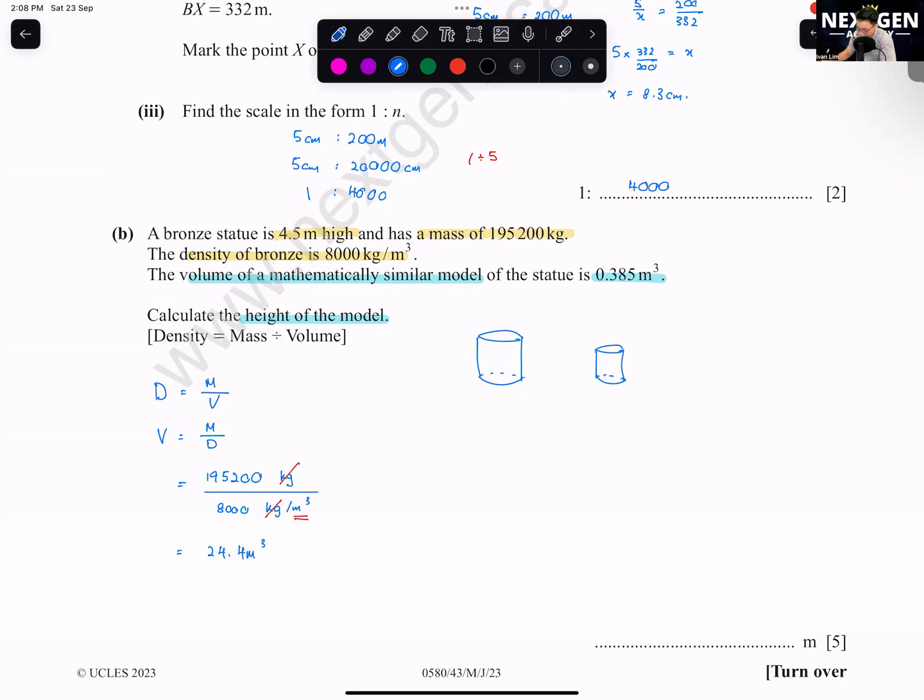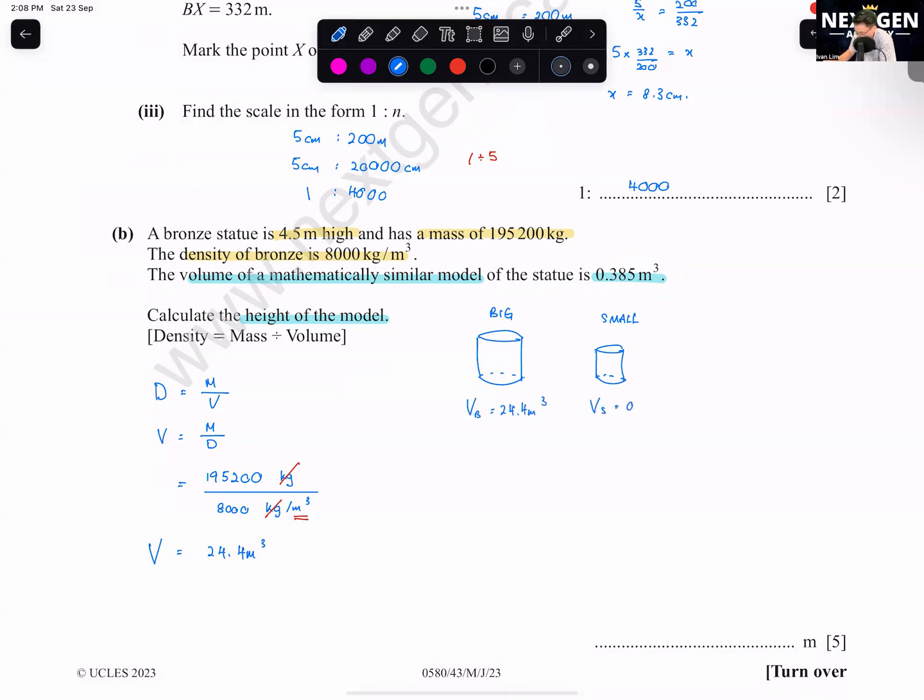Now we know that the volume of this is 24.4 meter cube. The other one that we are comparing, the model, is way smaller. So I put the big one and this one is the small one. Volume big is 24.4 meter cube.